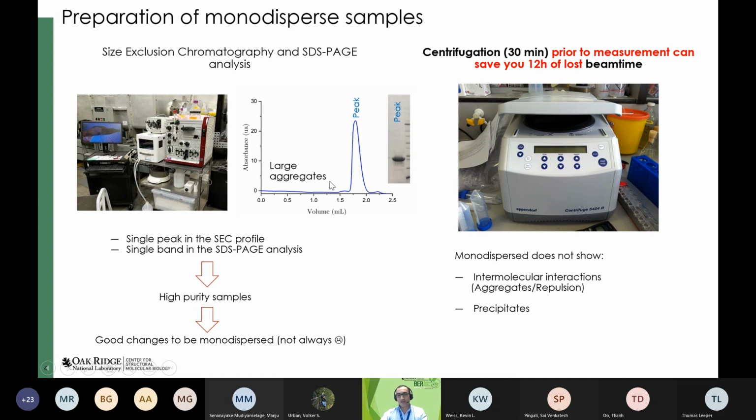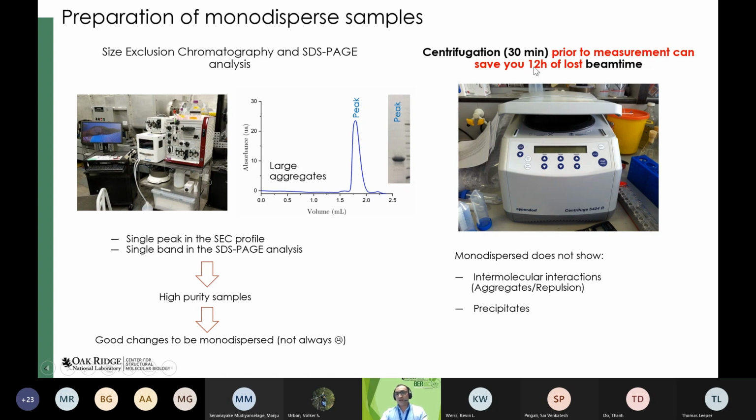in your scattering profile. And the PAGE analysis can give you an idea of the molecular weight, and if you have contaminants, you should observe a single band there. Using centrifugation can also help you a lot with beam time, because if those aggregates can be removed using centrifugation, you can save a couple of hours of beam time.